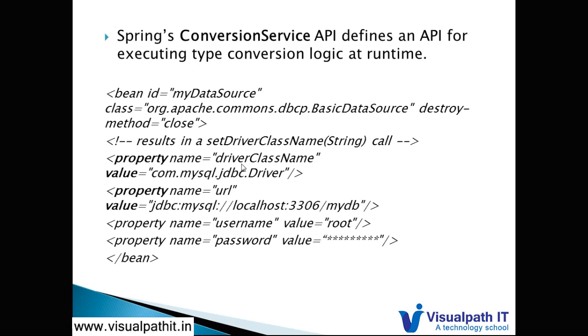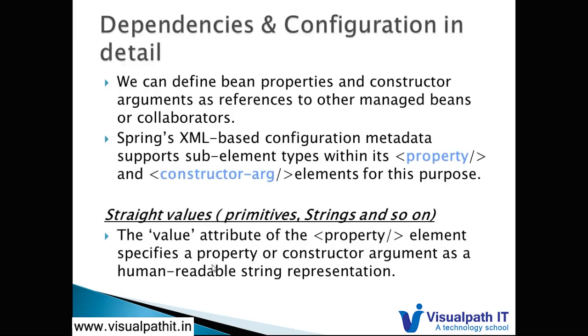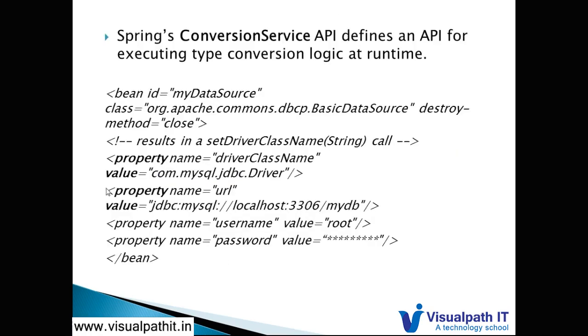The property name is driverClassName, value is com.mysql.jdbc.Driver, and the property name is url, and the value is this JDBC path, and the username and the password. So here both the property and the constructor argument are a human readable string representation.